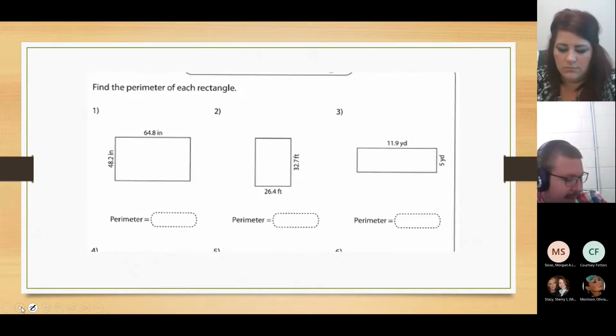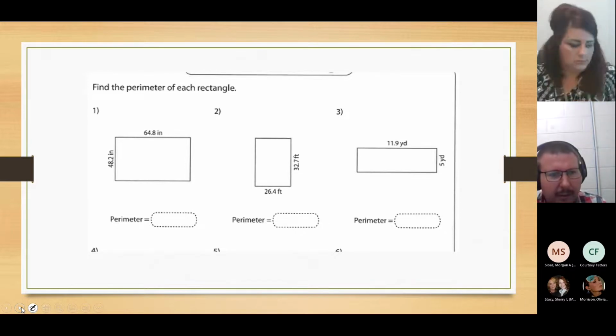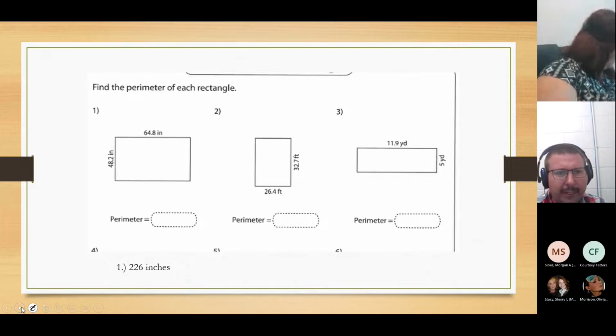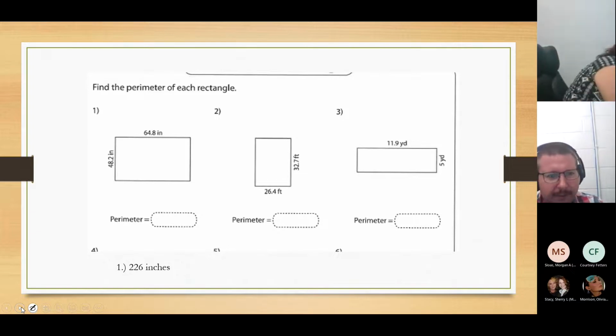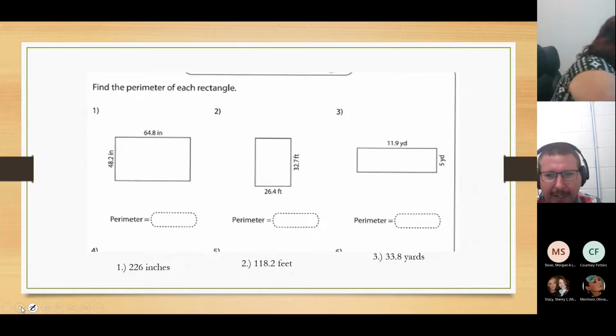Okay, I'm going to give you all the answers just for time's sake. Number 1 is 226. The second one is 118.2. And the third one is 33.8.